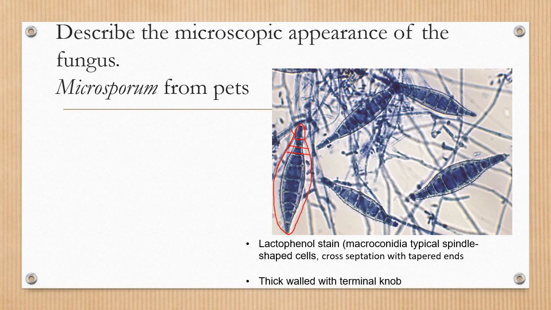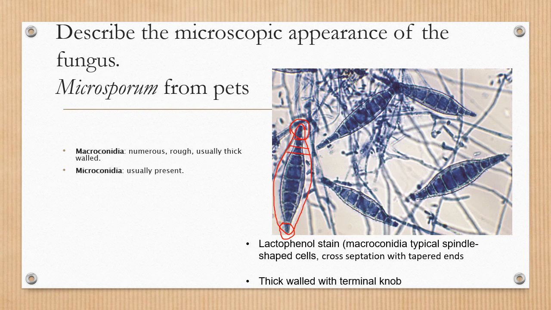It has very typical tapered ends, which means that it is very thick and wide in the center and narrow at the ends. It also has thick walls with terminal knobs. This is very typical of Microsporum canis. Usually you see them numerous, meaning large in number. They are very rough and have very thick walls.